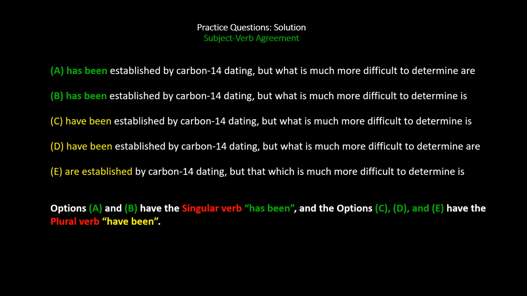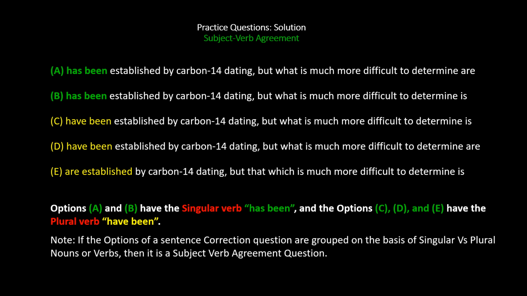Note, if the options of a sentence correction question are grouped on the basis of singular versus plural nouns or verbs, then it is a subject-verb agreement question. In other words, if some options have singular verbs or nouns and the remaining options have plural verbs or nouns, then it is a subject-verb agreement question.